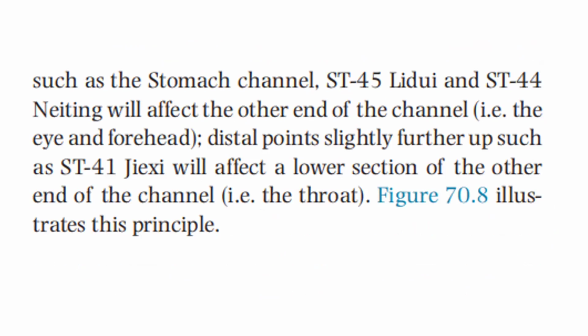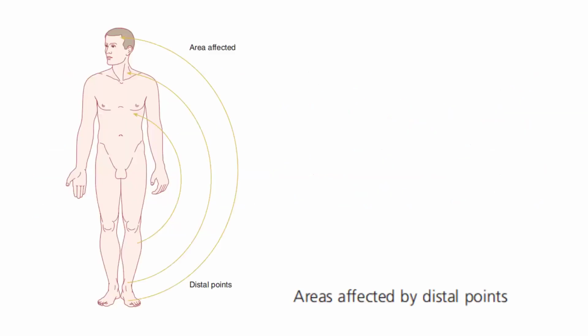Distal points slightly farther up, such as stomach 41, will affect a lower section of the other end of the channel, that is the throat, as illustrated this principle in figure 70.8.